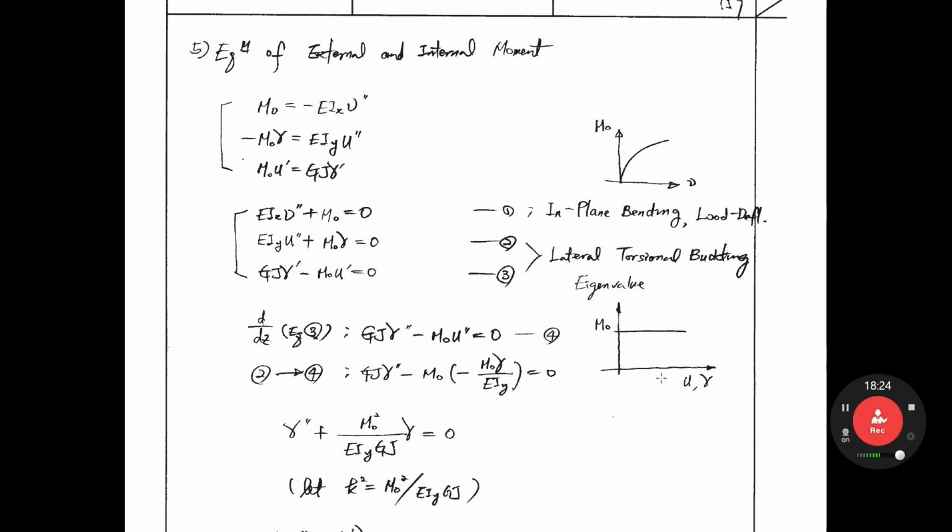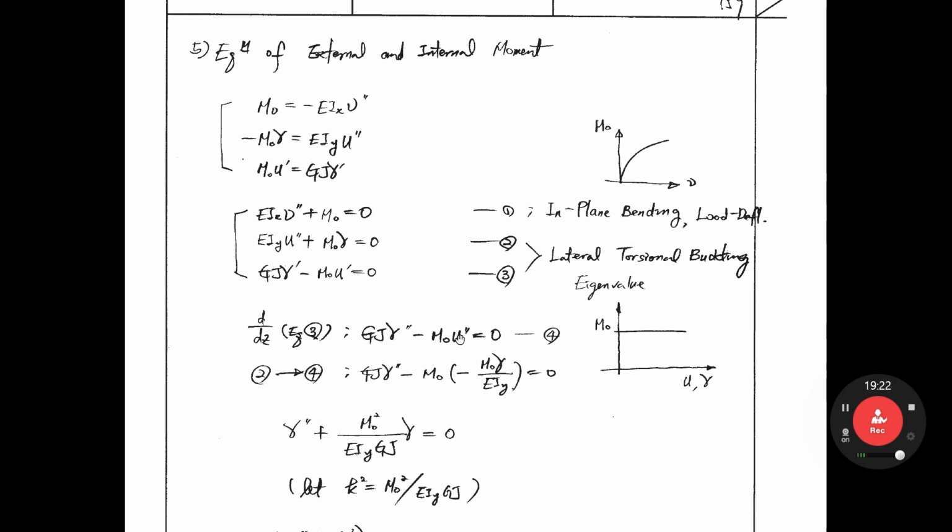If we consider the column, this beam behavior simulates the column, except for its complexity, because it is a 3D problem. We are now calculating MCR, so we are interested in these two equations, equation 2 and 3, to solve for MCR. So firstly, we take the derivative of equation 3, then GJ gamma 2 prime minus M0 u2 prime equal to 0. It is equation 4. If you input this equation into 4, then you have GJ gamma 2 prime and M0.